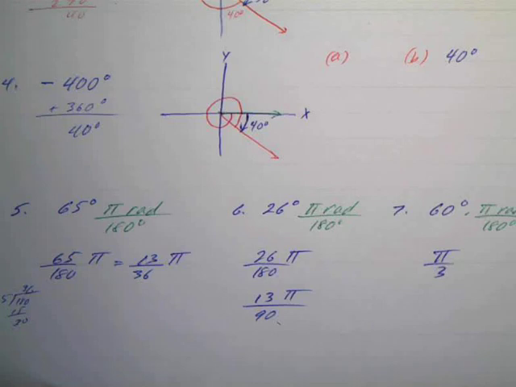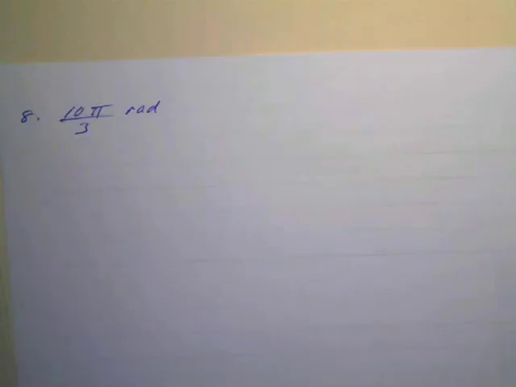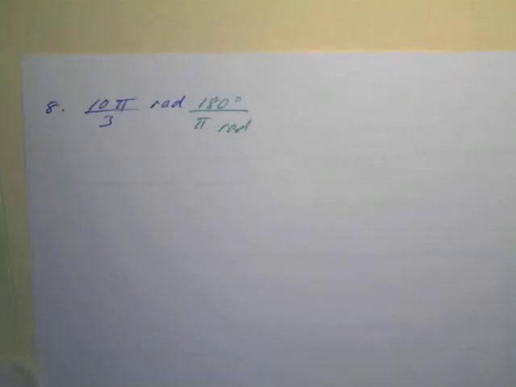And we're going to go the other direction now. So number 8, 10 pi over 3. If you don't see anything, you can assume that this is radians, so you can write radians now if you want. My conversion factor is going to be 180 degrees per pi radians.